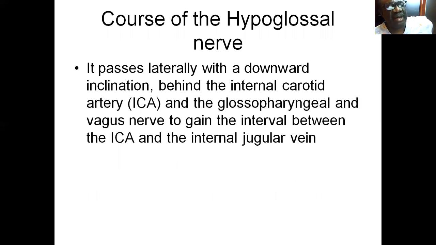It passes laterally with a downward inclination behind the internal carotid artery and the glossopharyngeal and vagus nerves to gain the interval between the internal carotid artery and the internal jugular vein. So at this point, it is between the internal carotid artery and the internal jugular vein.